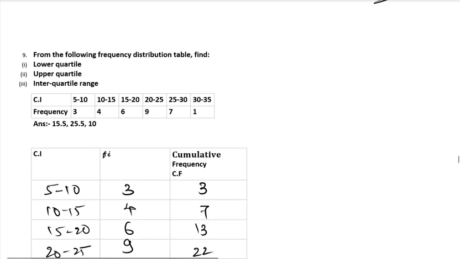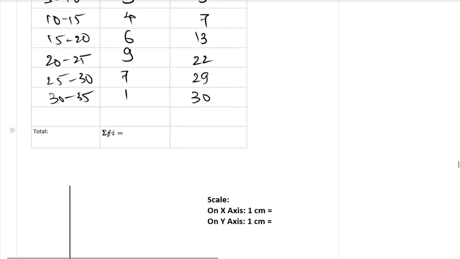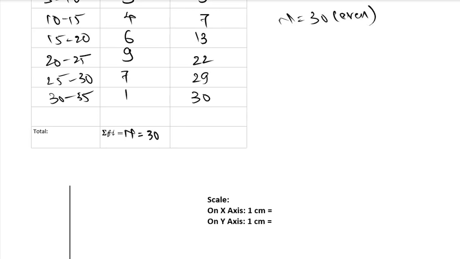Right? So they have not given what is the total number of observations. We got it. Sigma fi or n is equal to 30. So n is even over here. Right? So what will be Q1 when n is even?